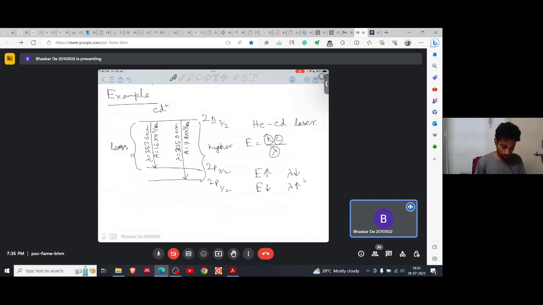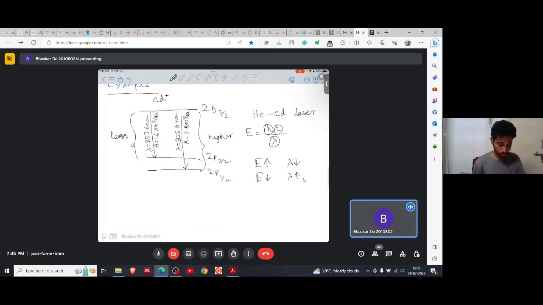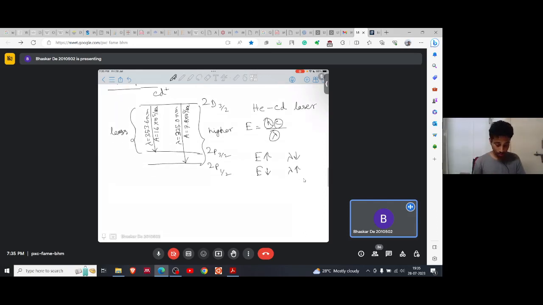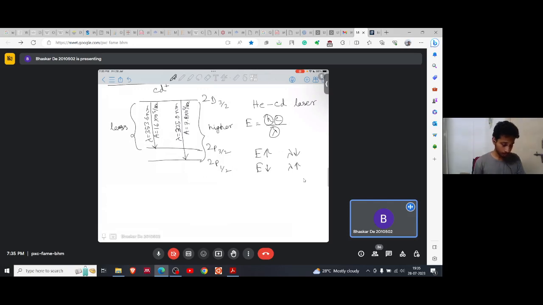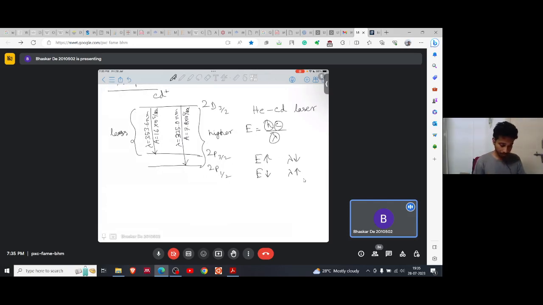As you can see, this is 325 nanometer and this is 353.6 nanometer. So the higher the lambda, the lower the energy of the photon. Anyway, the energy of the photon is not our main concern right now. Our main concern is to calculate the lifetime of this 2D 3/2 state.